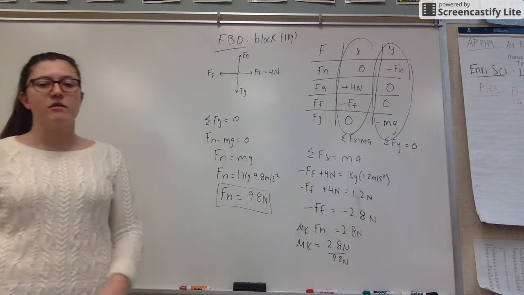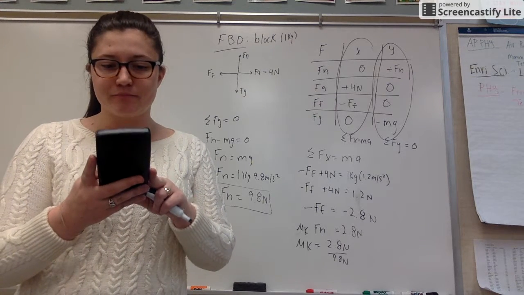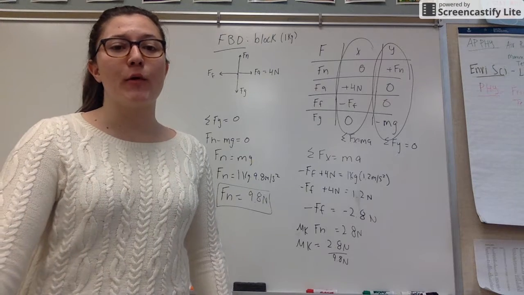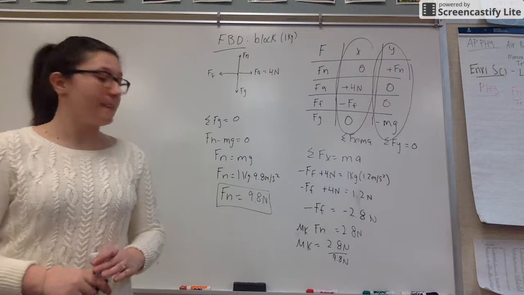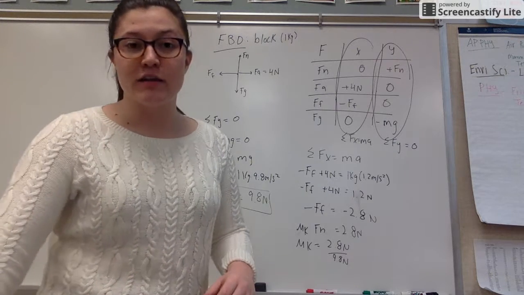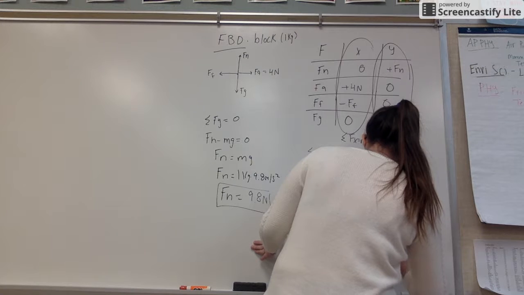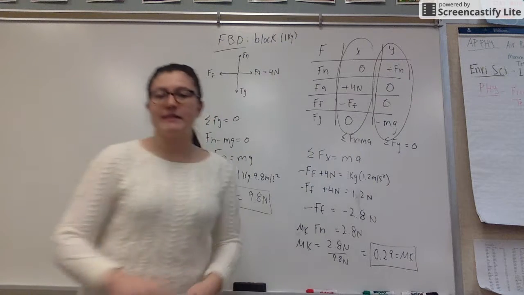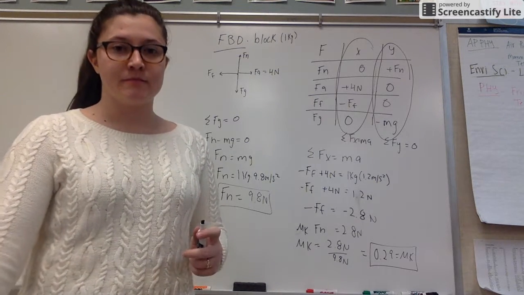So our value for mu is going to be 2.8 divided by 9.8. We're going to get 0.285. So we're going to put 0.29 as our coefficient of kinetic friction.